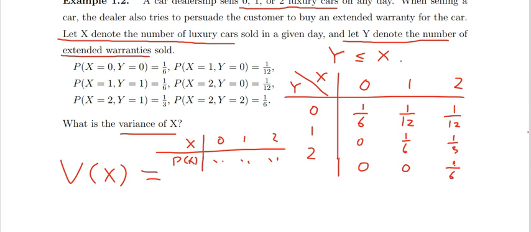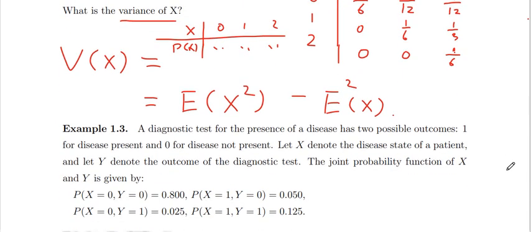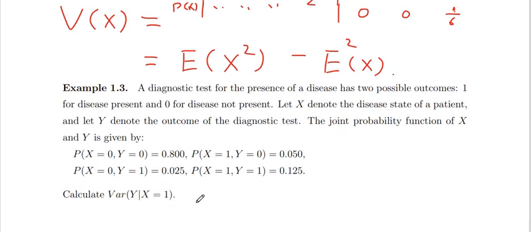Variance of X, according to the definition, equals E[X squared] minus (E[X]) squared, right? Just use this. So what is X squared? X squared can be 0, 1, or 4. Then multiply by the probability, right? Okay, so this problem is quite the same.